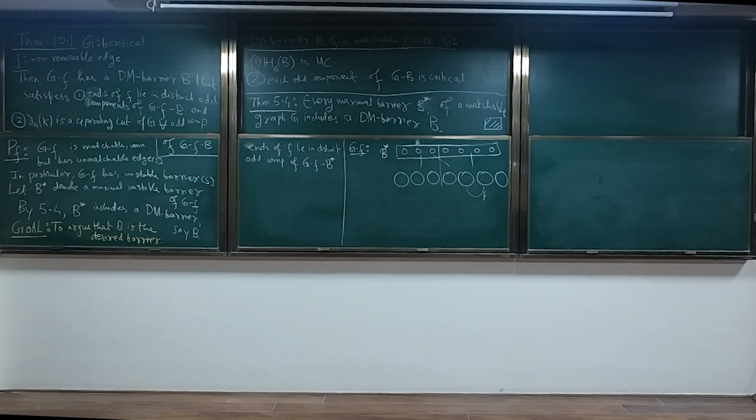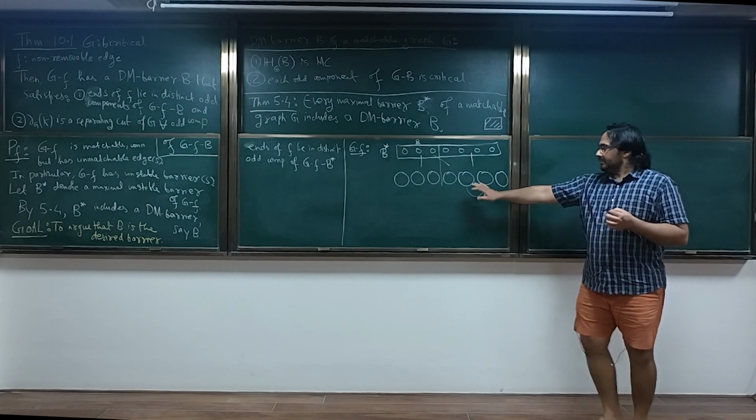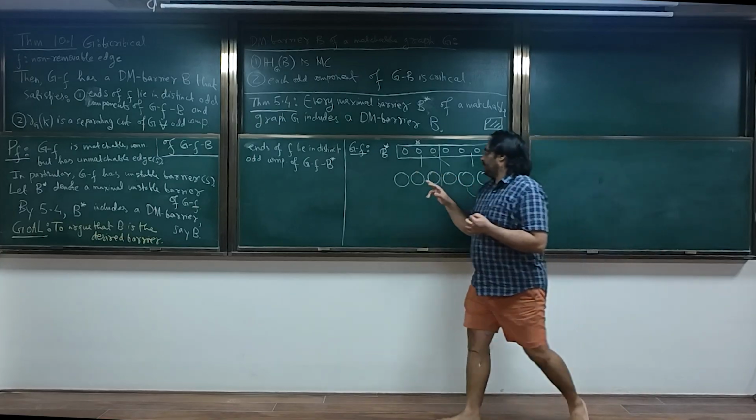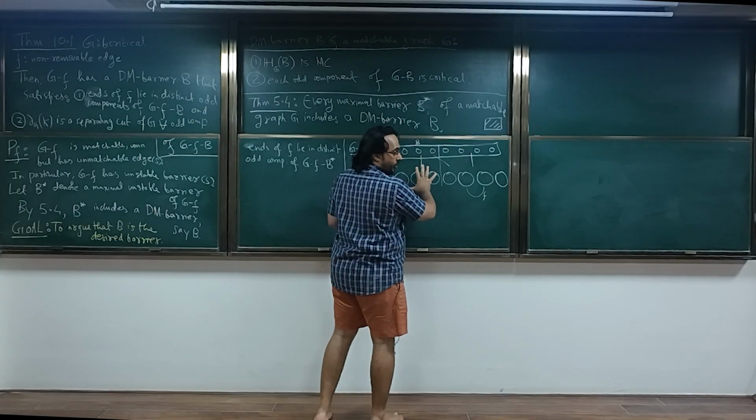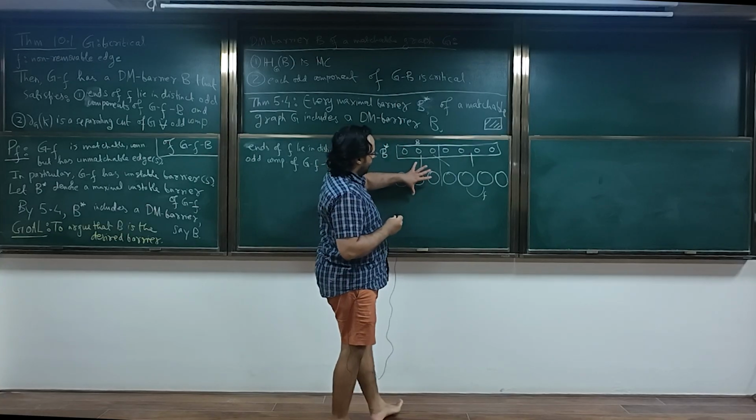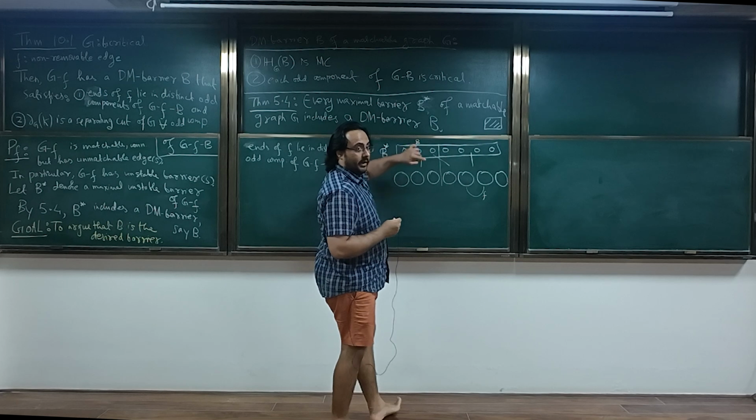Of course, there are multiple ways to argue in this case. I think Srijit has this point that if this is a single vertex, there is only one odd component, then actually this vertex here is a cut vertex.